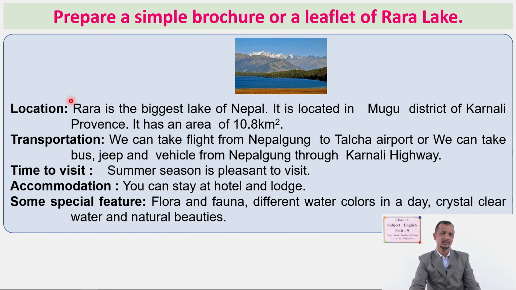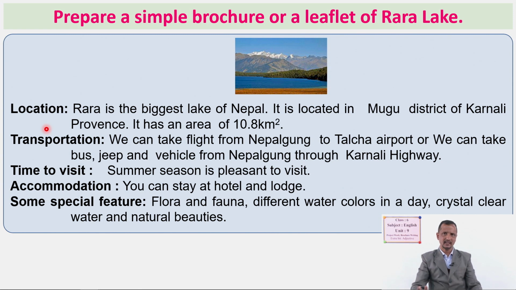Photo. Location: Rara is the biggest lake of Nepal. It is located in Mugu district of Karnali province. It has an area of 10.8 square kilometers. Location, area, everything here I have included, and you have to do it in the same way.